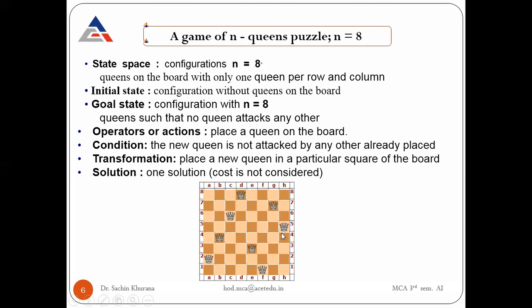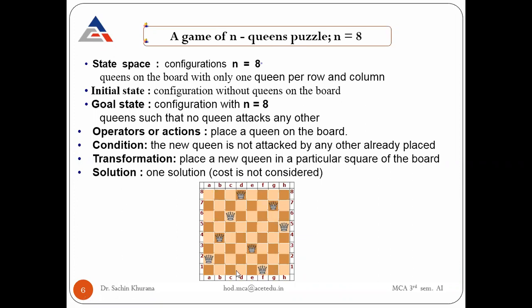Similarly for here, this is the vertical movement. This is the horizontal movement. Similarly horizontal, and again diagonal movement. Similarly for another queen, diagonal movements, horizontal movements, vertical movements you can see over here. For this again, vertical movement, diagonal movement, then horizontal movement.